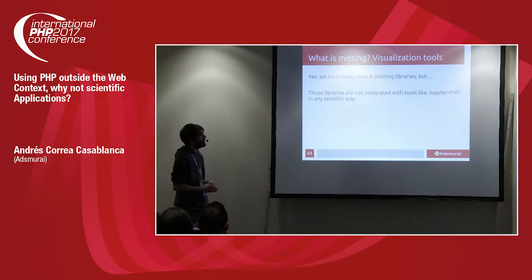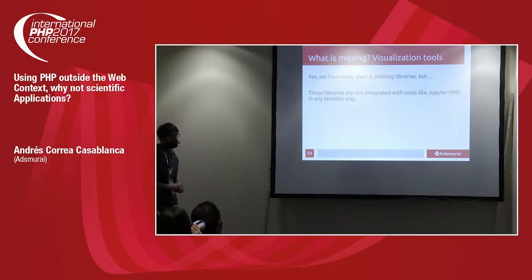If we work in Python, we have PyPlot and many other libraries, and while we are working on Jupyter, we can see plots or tables showing the results of what we are doing. This is something that we lack right now. So I think that if someone wants to work on that, I'll be very grateful.